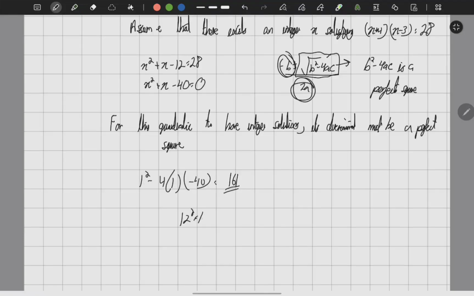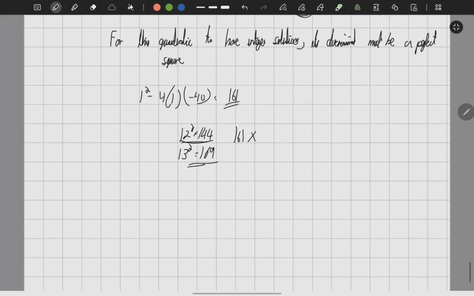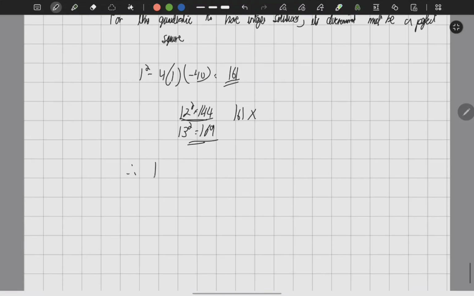Well, we know 12 squared is 144, and 13 squared is 169, so it's in between them. So 161 is not a perfect square. So we can just say, therefore, 161 is not a perfect square. So the quadratic has no integer solutions.